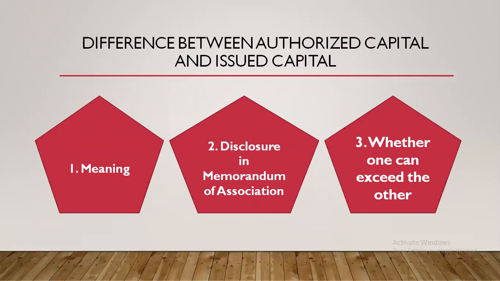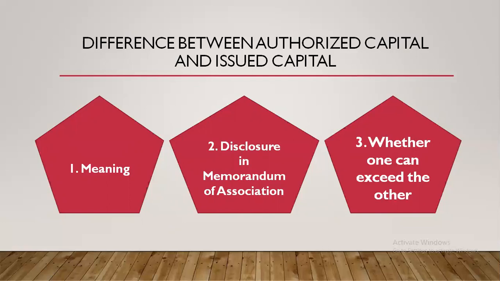Now, meaning. Authorized capital is the amount stated in the memorandum of association which a company can raise as share capital of the company, whereas issued capital is the nominal value of the part of authorized capital which is issued for subscription.